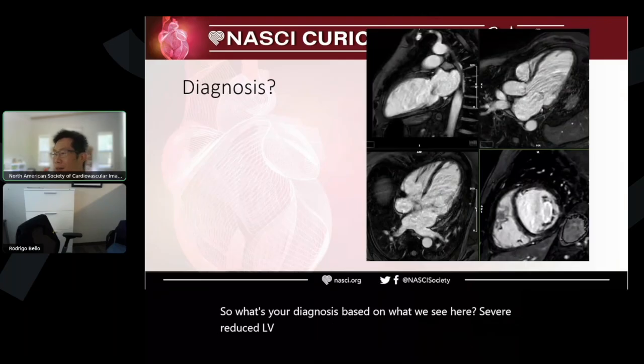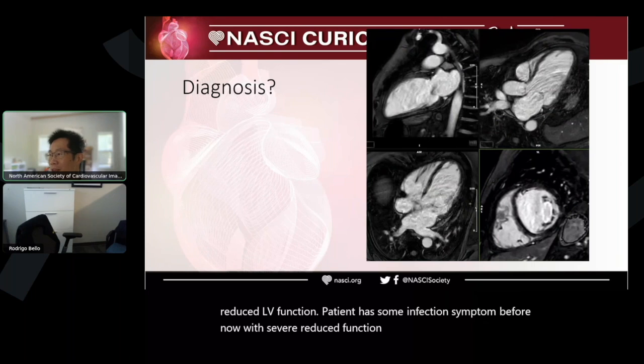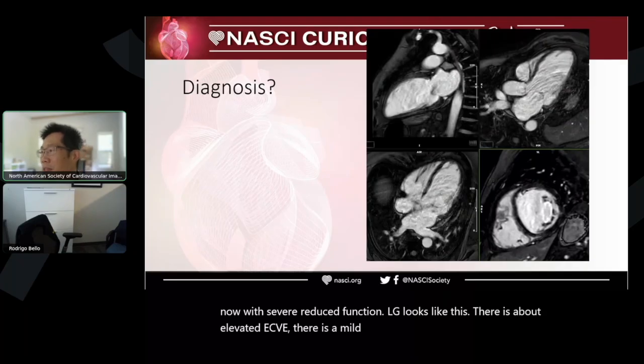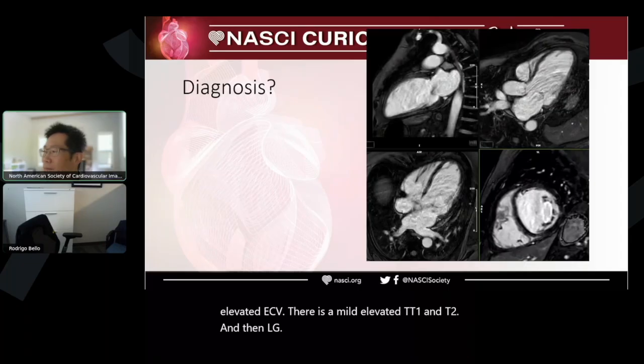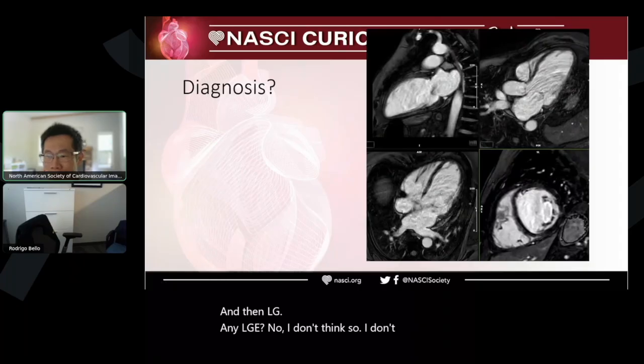The patient had some infection symptoms before, now with severely reduced function. There's a mildly elevated ECV, mildly elevated T1 and T2. And then LGE: any LGE? No, I don't think so. I don't think there's really LGE here.